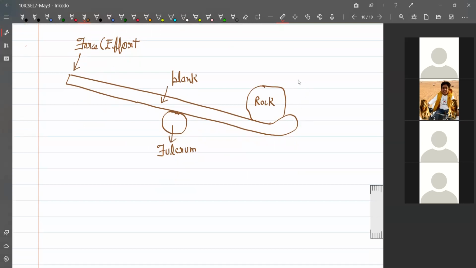And this is your load. The rock will be resisting your motion or resisting your effort. So the first definition in the definition of a machine is the load. So load is the resistive or the opposing force.